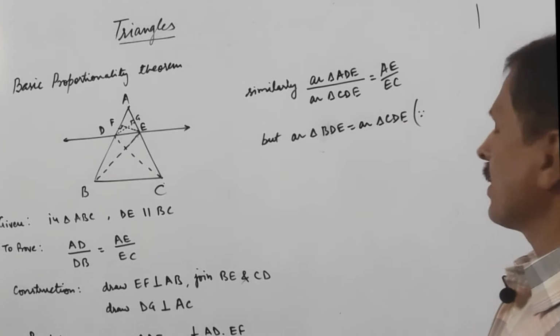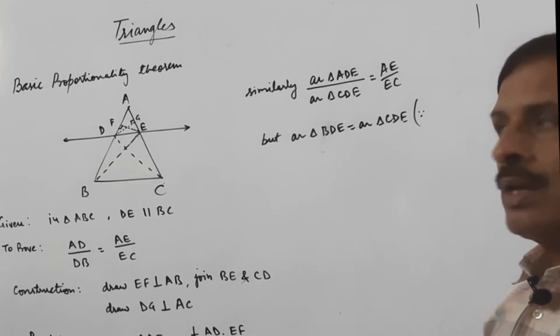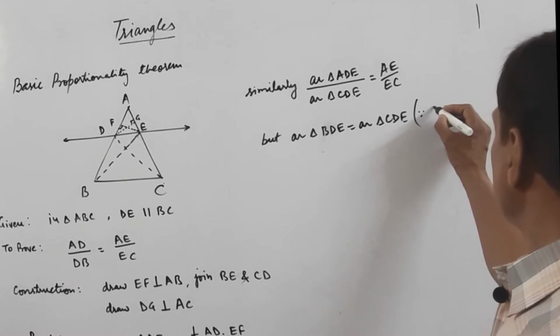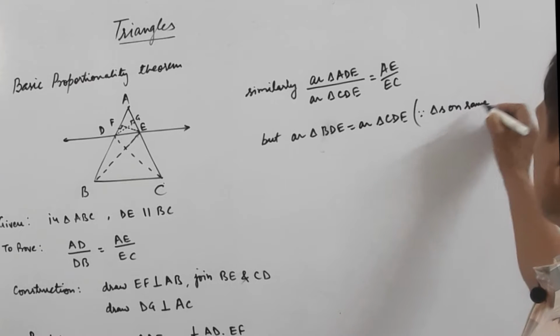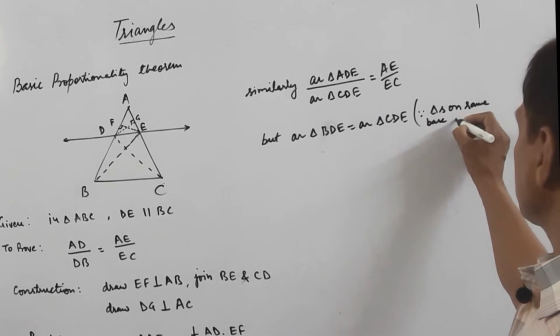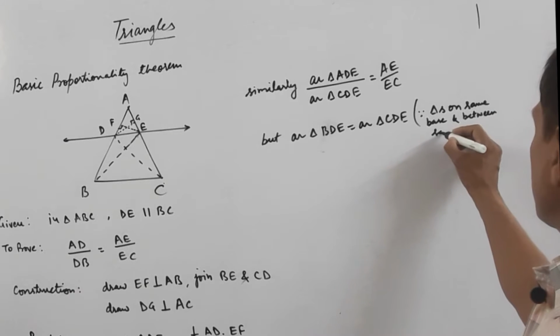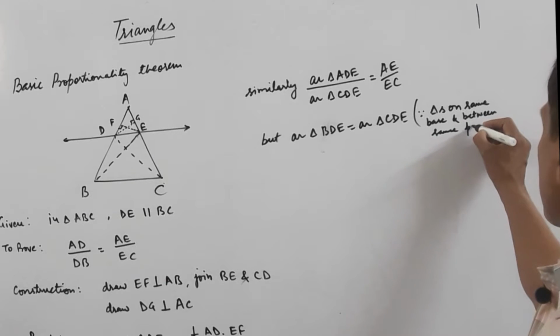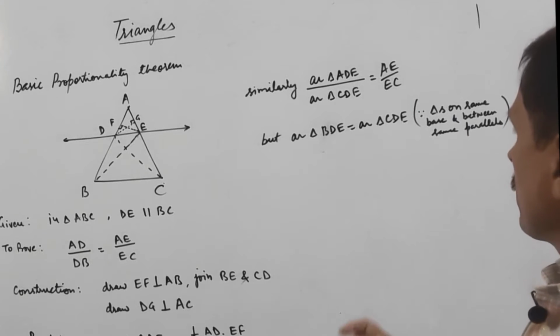because triangles on same base and between same parallels have equal area.